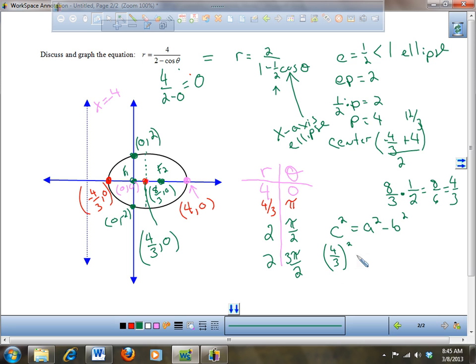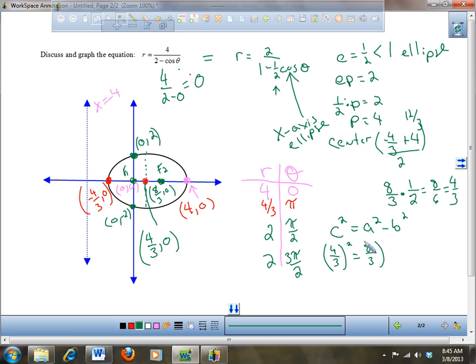And A is the distance from the center to here, or from here to here. So that would be 8/3, right? Because this is 4/3 from here, and that's negative 4/3. So that would be 8/3 squared.